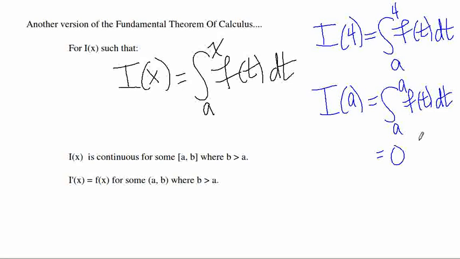Okay? Now, this might look a little odd. Why don't we do some examples, and I'm fairly certain that that will help you to get a sense of this version of the fundamental theorem of calculus.